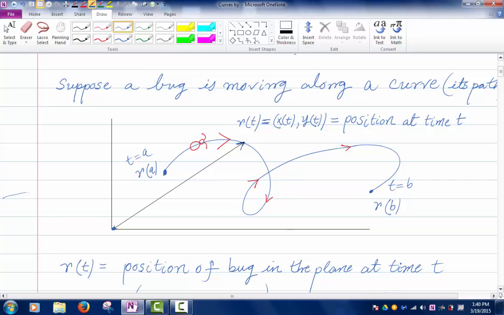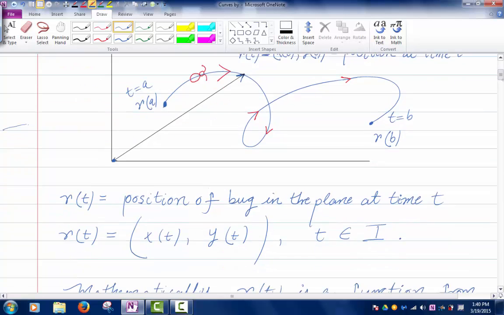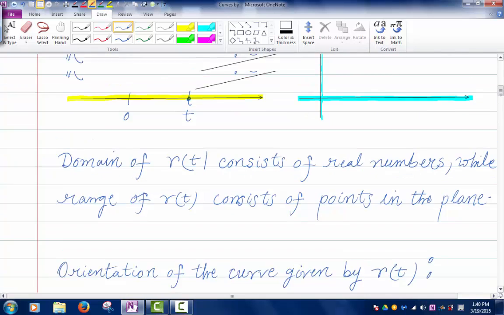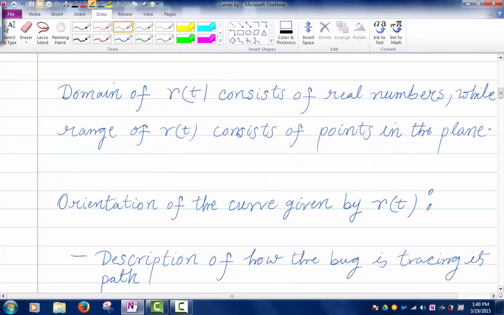I'm going to say maybe a few more words on this, but not too much. Okay, so once again, let me emphasize that the domain of R of t consists of real numbers, while the range of R of t consists of points on the plane. Okay? So for us, what is a parametrized curve?